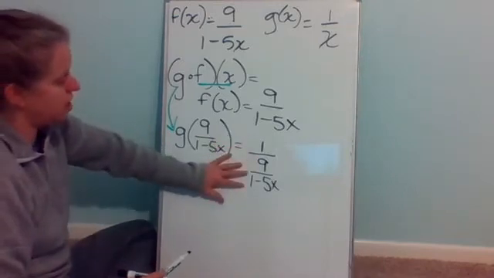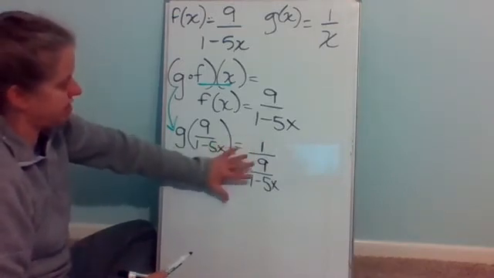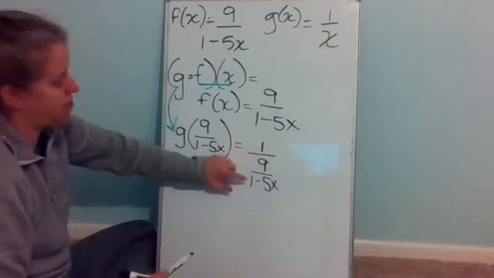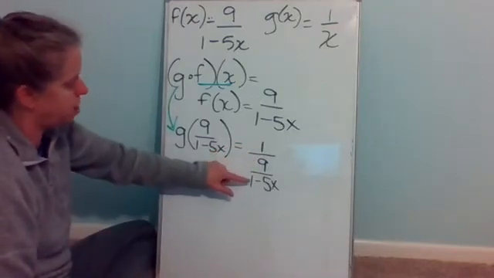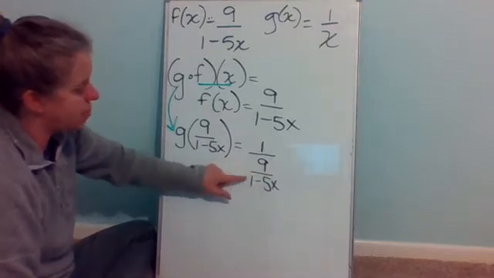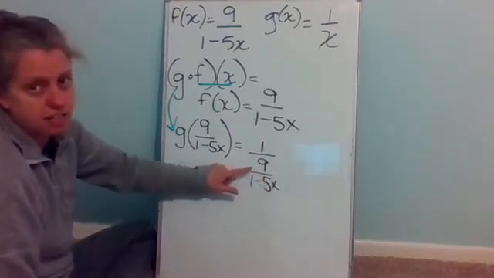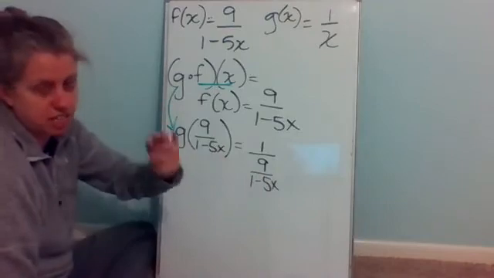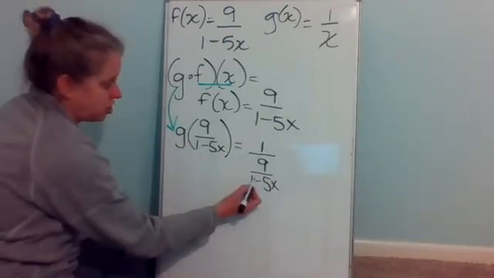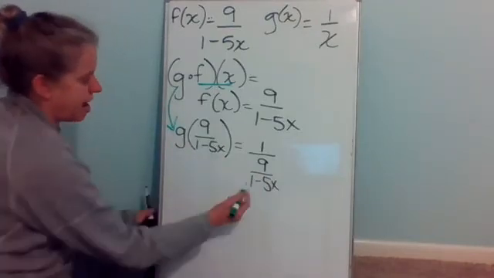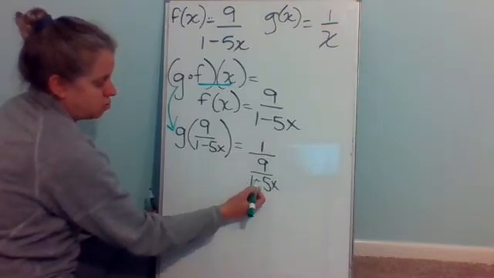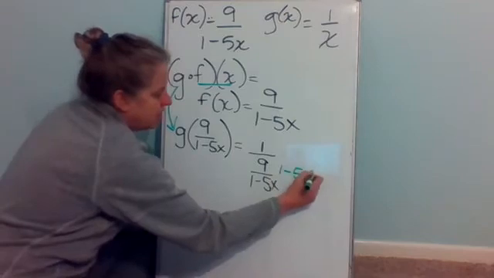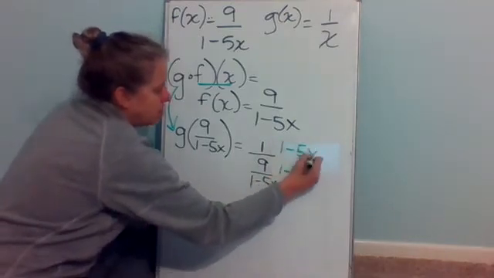Now remember, I can't enter my answer like this because, again, you've got too much fraction going on. And remember how we took care of this on the first part of this problem. Whatever the denominator is of the fraction that is in the middle of the fraction, that's what you're going to multiply the top and the bottom by so that I can cancel this denominator. So since it's 1 minus 5x, that's what I multiply the top and the bottom by.